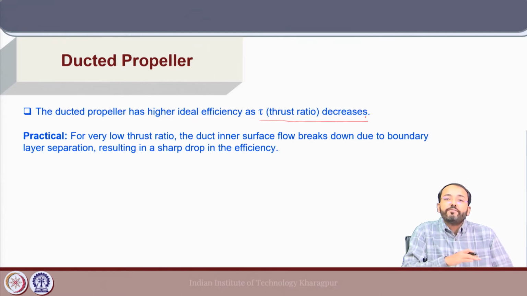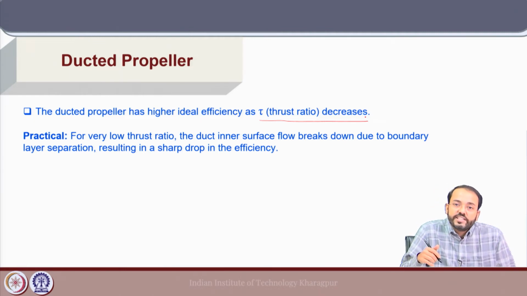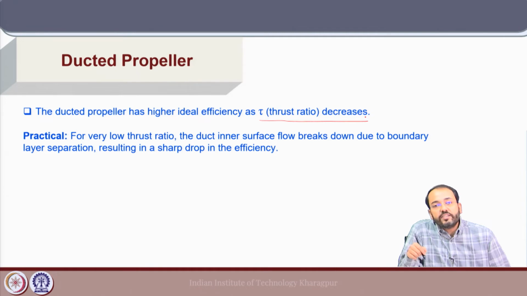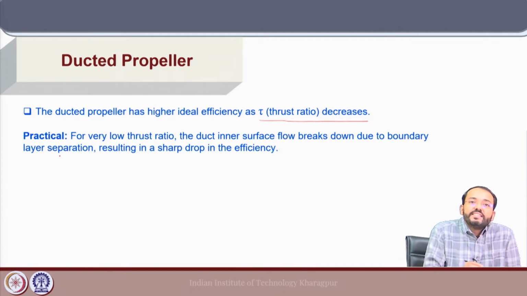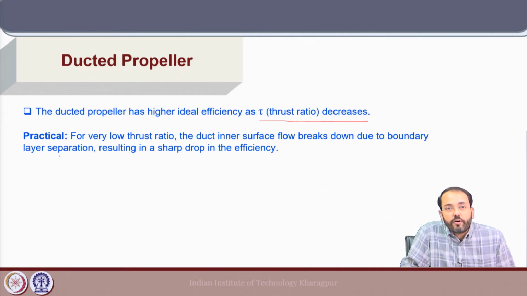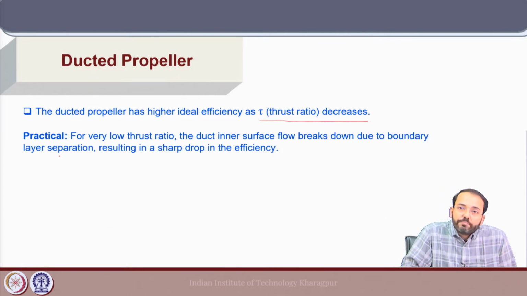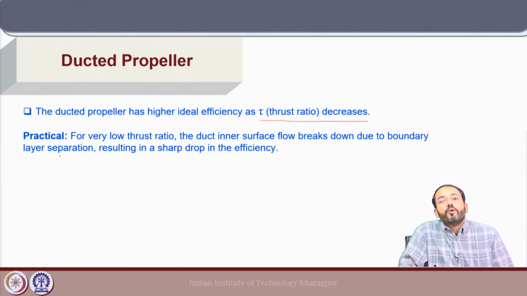So, from the ideal flow in the axial momentum theory, we see that the higher the thrust ratio, the lower will be the ideal efficiency, and on the other hand, the lower the thrust ratio, as tau decreases, the higher will be the ideal efficiency. But in a practical scenario, if it falls below a certain value, for very low value of tau, the flow will separate due to boundary layer separation, and also that results in a sharp drop in efficiency.